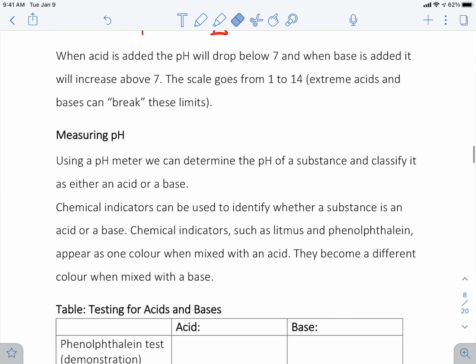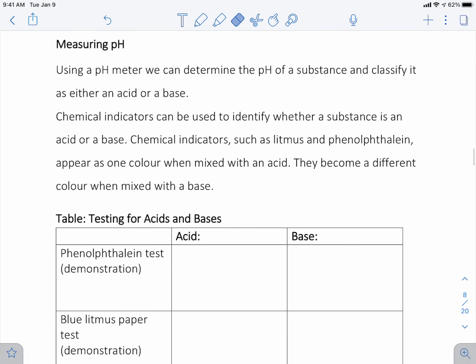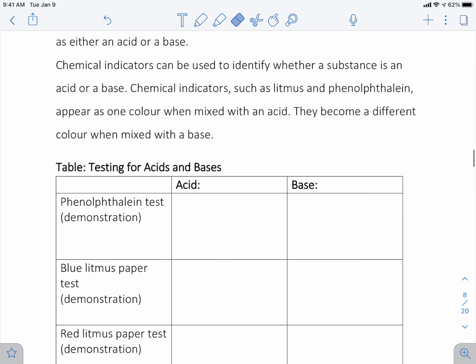pH is measured with a pH meter, and we can determine the pH of a substance and classify it as either an acid or a base. Chemical indicators can also be used to identify whether a substance is an acid or base. Chemical indicators such as litmus and phenolphthalein, which I had to memorize how to spell at one point, as ridiculous as you can imagine, appear as one color when mixed with an acid. They become different colors when mixed with a base.